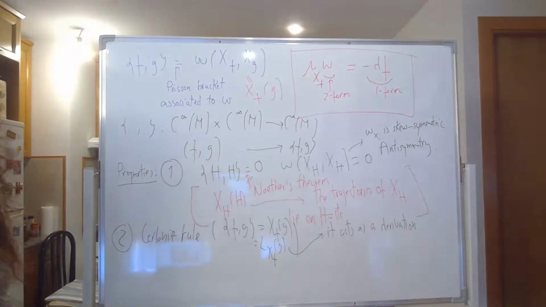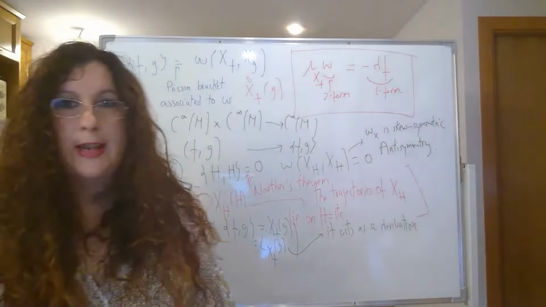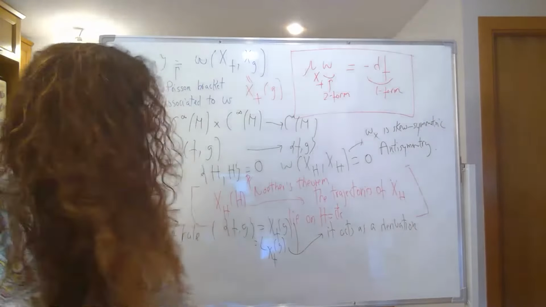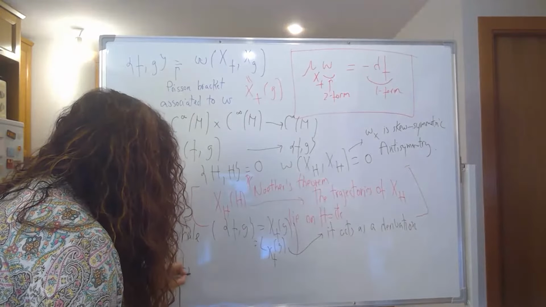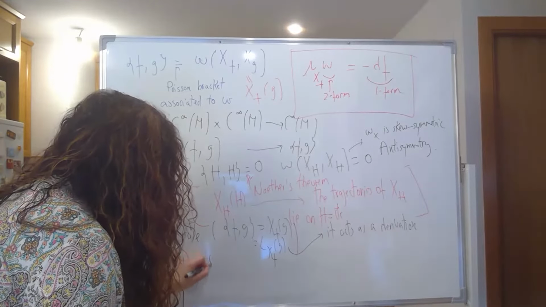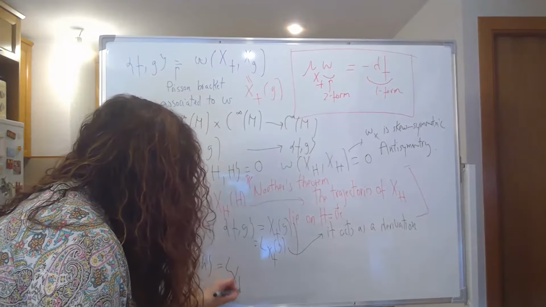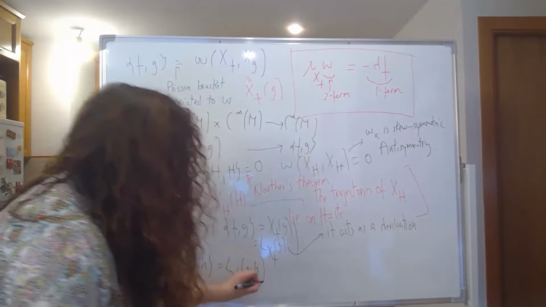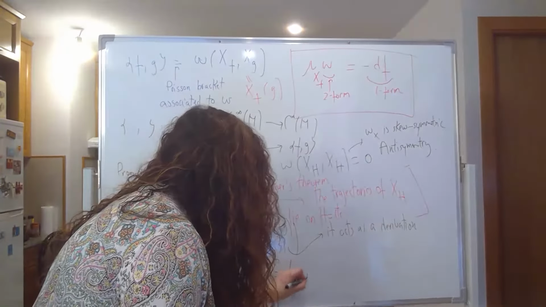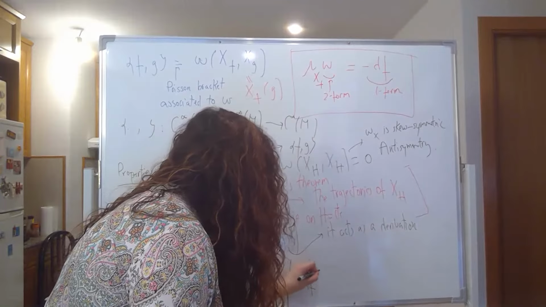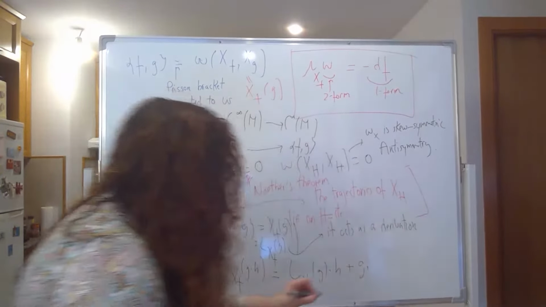Okay? Therefore, because it acts as a derivation, it satisfies Leibniz rule. Because if I do the Lie derivative of a product, the Lie derivative of X_f applied to gh, I'm going to say that it's the derivative of the first term times the second term plus the first term times the derivative of the second term.